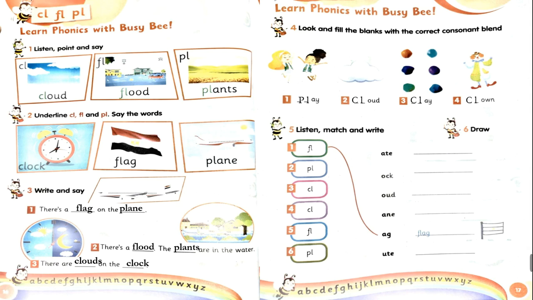Move to exercise number 5. Listen, match, and write. Number 1 is already answered. Flag. Number 2. Plane. Excellent. Where is plane?